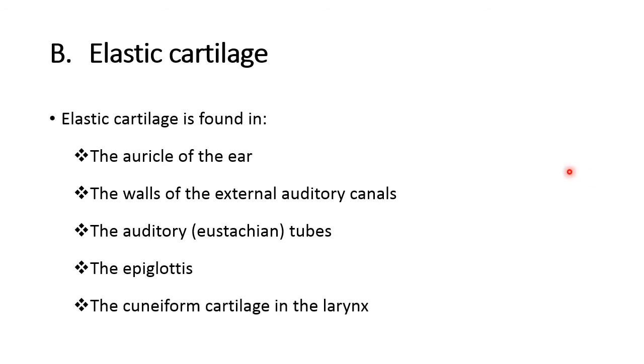And the cuneiform cartilage in the larynx. The other cartilages in the larynx are hyaline cartilage, except the cuneiform cartilage, which is elastic cartilage.